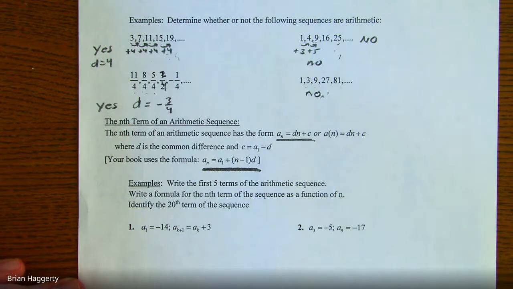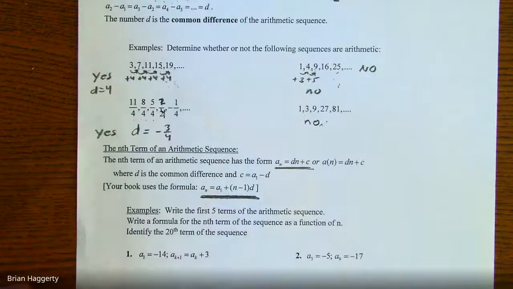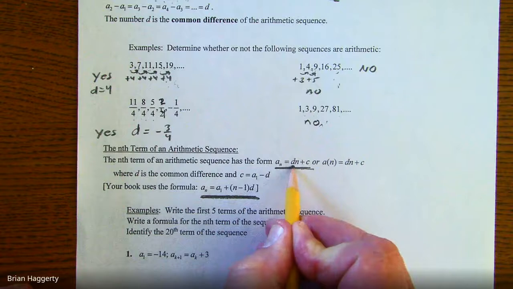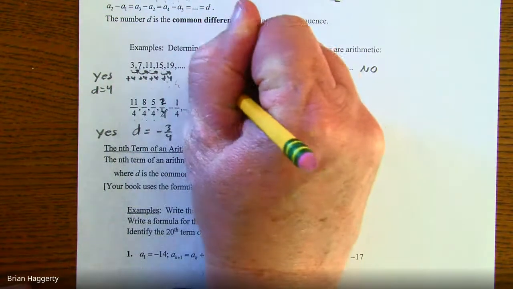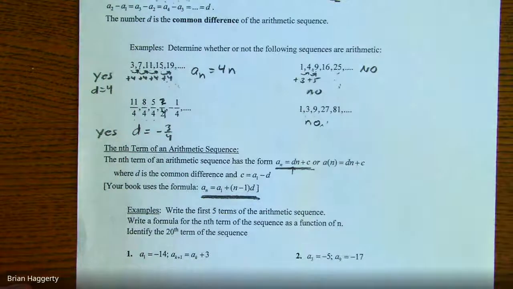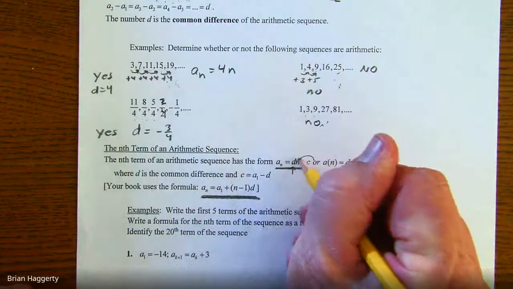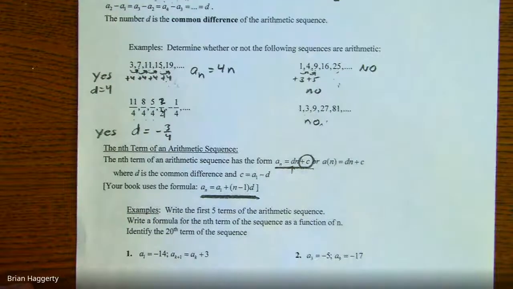All right, so here's how we're going to use this formula, and we'll go back to this as an example of how to write it. We've identified it's linear. That d is in your slope spot, so you think about that common difference as the slope of the sequence. So going back up to here, this is a sub n is equal to 4n. Now back in your y equals mx plus b days, that represents the y-intercept. The y-intercept is when x is 0.